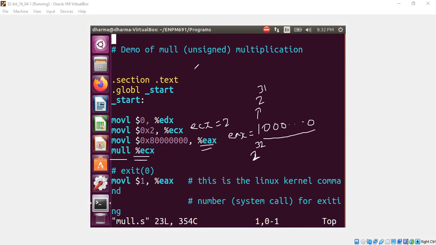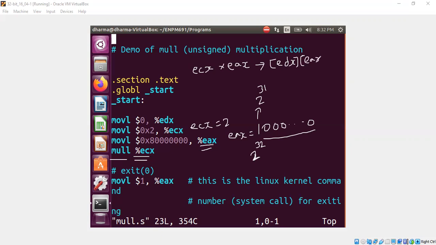When you multiply two 32-bit numbers, you will get a 64-bit number, and you don't have room for a 64-bit number in one register. So mull stores the result into two places. One is the EDX register, which will contain the most significant 32 bits, and then the EAX register, which will contain the least significant 32 bits.